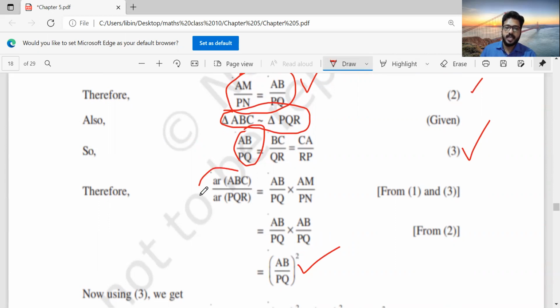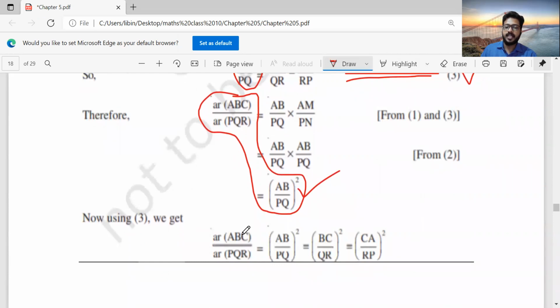So we have seen that area of triangle ABC divided by area of triangle PQR is equal to AB by PQ whole squared. Similarly, by using this equation 3, we can find that the area of two similar triangles is equal to the ratio of corresponding sides squared. Okay, so is the proof of this theorem clear to you?